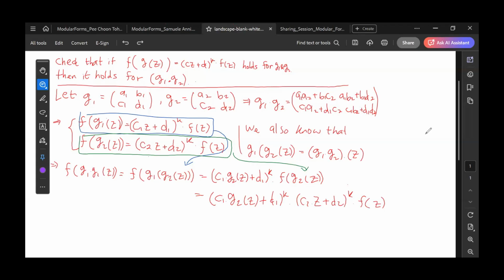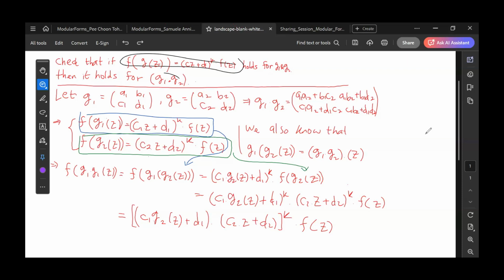If we compute this, we will have E1 times E3 plus E1 times E2 and plus E3 to the power of k and k.